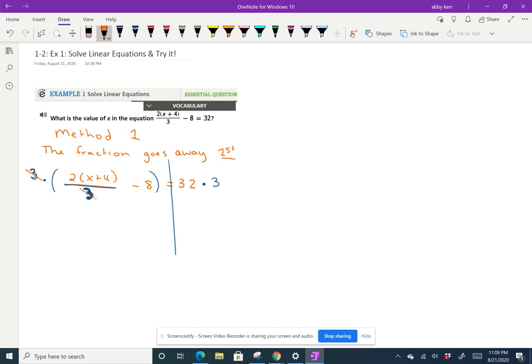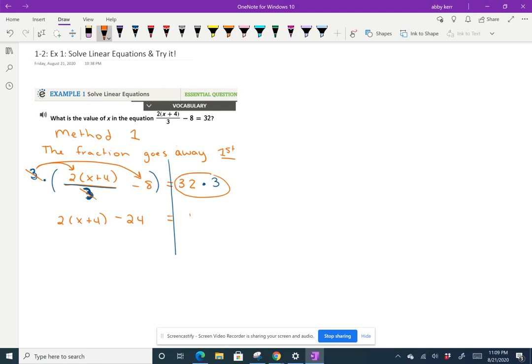They go away because 3 times 1/3 is actually 1. So we're left with 2 parentheses x plus 4. So what we did right there was get rid of the fraction. But you cannot forget to distribute that 3 times negative 8, which is minus 24. So we took care of the left side. Now we have to do this part right here.